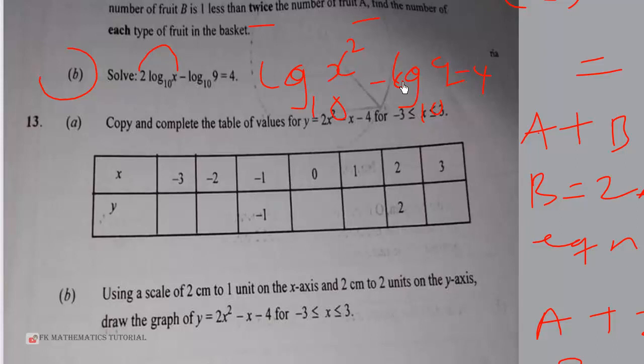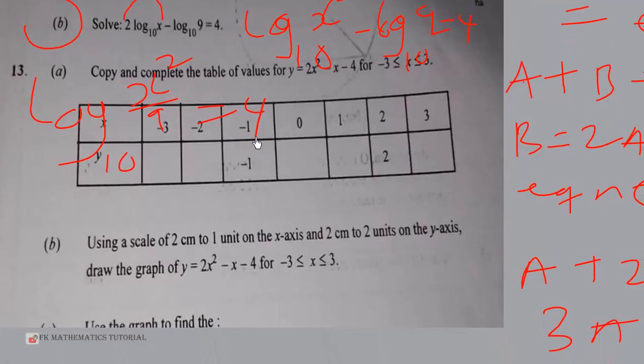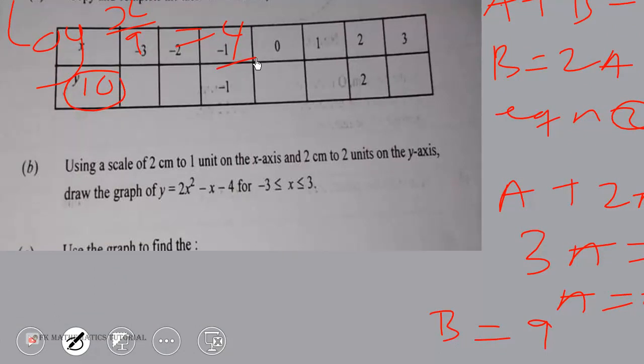The division rule of logarithm says if they are subtracting, we divide. So log base 10 of x squared over 9 is equal to 4. So we use anti-logarithm. This base will come and be raised to 4 here. So x squared over 9 is equal to 10 exponent 4.